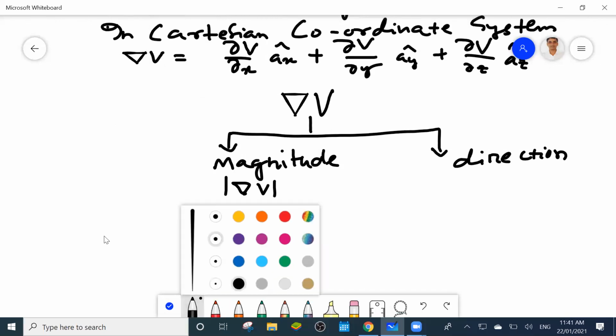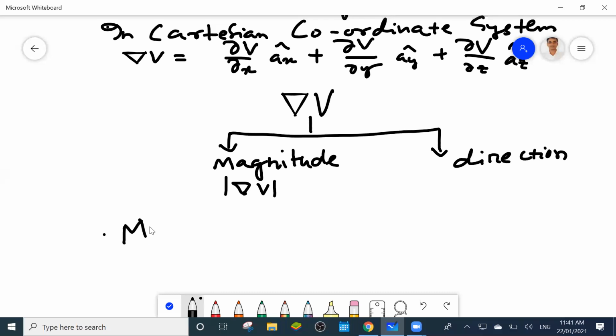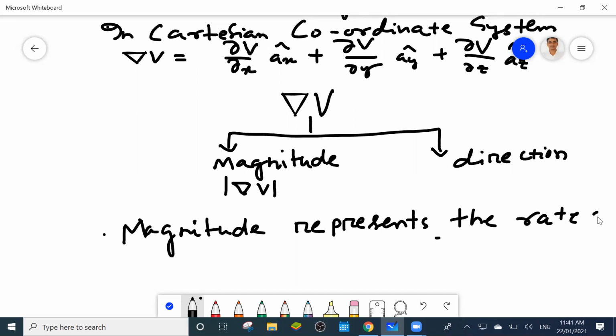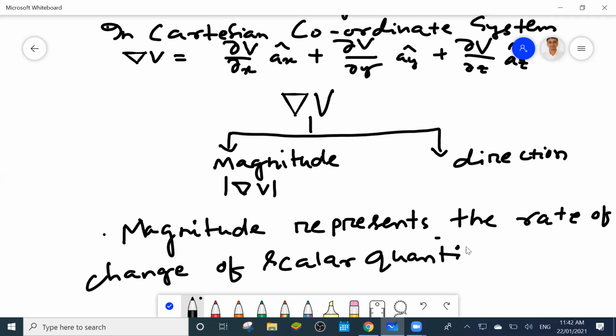The magnitude represents the rate of change of the scalar quantity V with respect to various coordinate systems. Write this, it is very, very important.